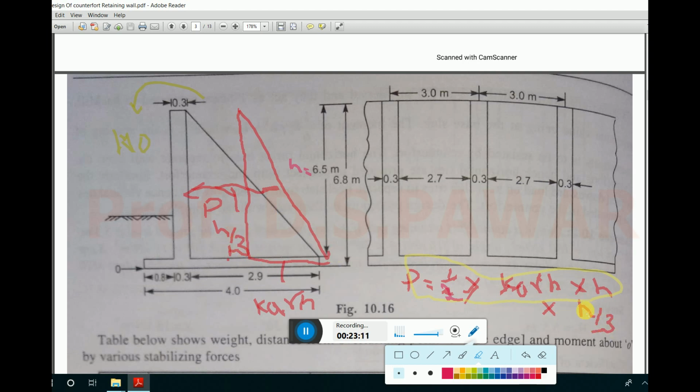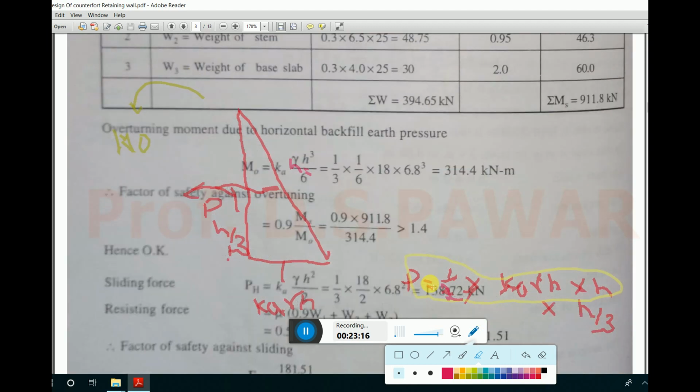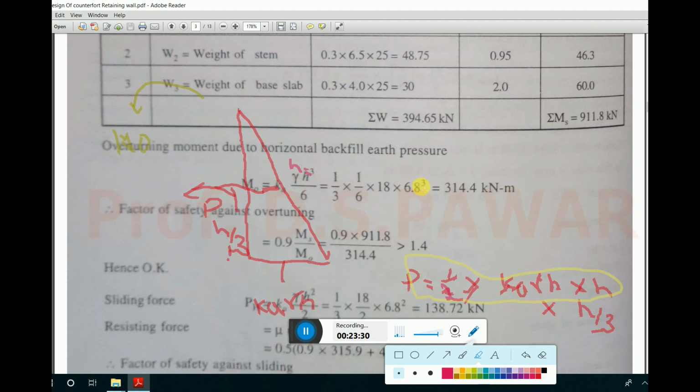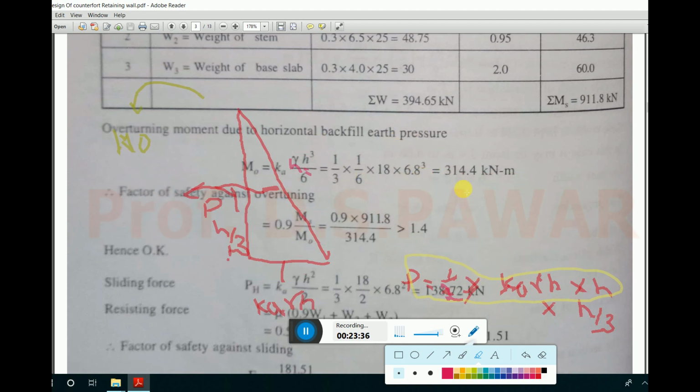If you take h/3, the total moment will be 1/6 into k into gamma into h cube, that is 1/6 into 18 into 6.8 cube. You have got the moment like this, and the moment value will be 314.14.